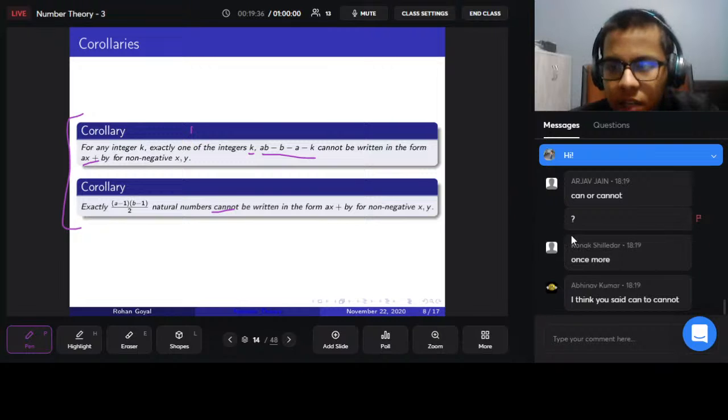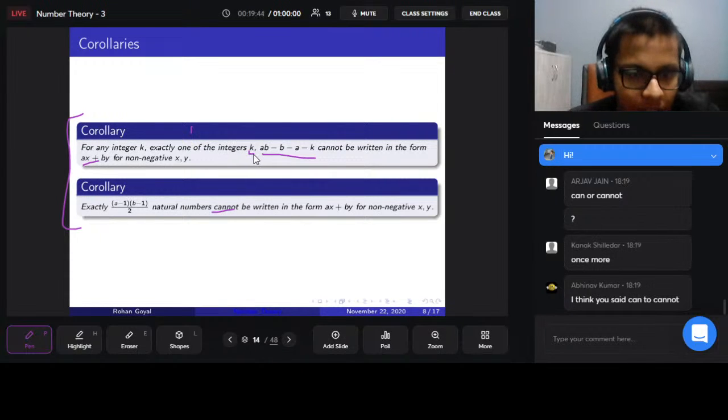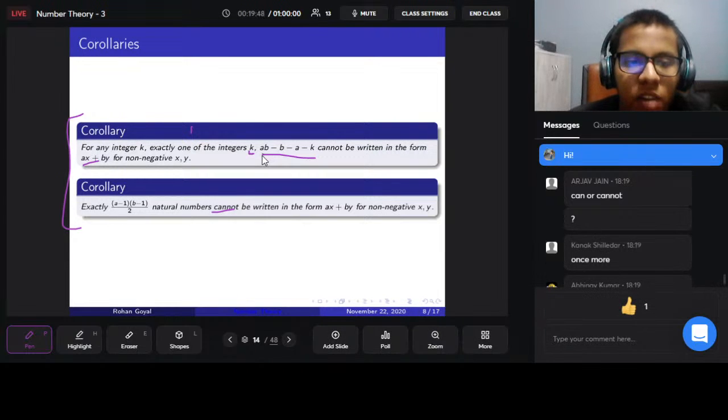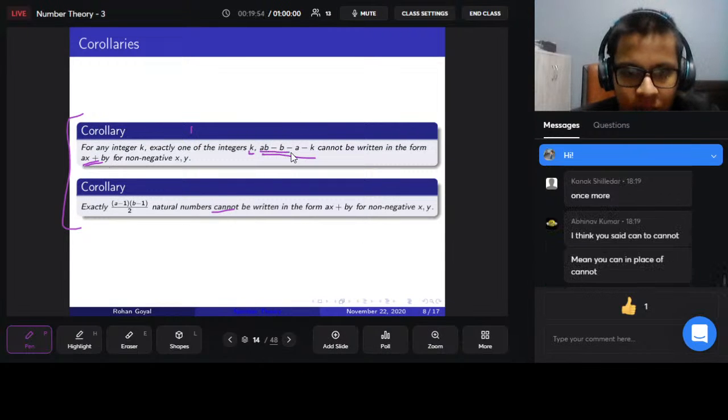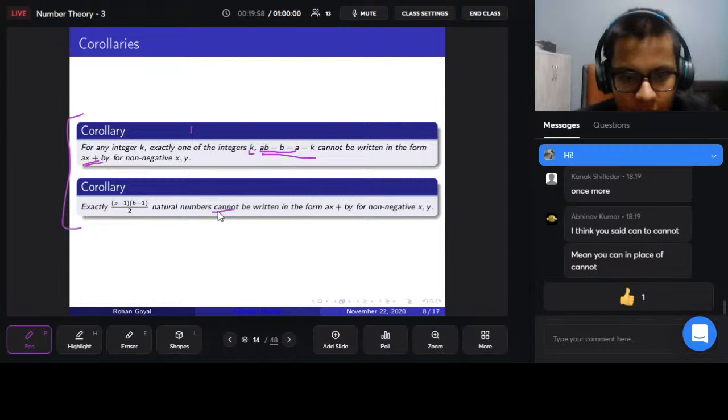Someone asked can or cannot, and I just said it cannot. I'm saying that exactly one of the integers k or ab minus a minus b minus k we won't be able to write in this form. The other we will. No, this is correct. This is cannot only.